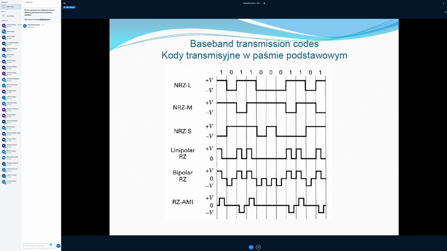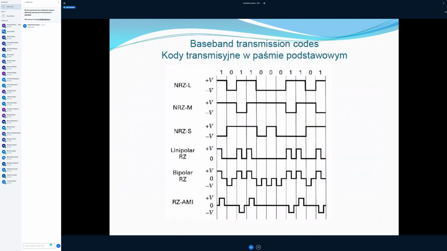Then we had so-called AMI codes, also return to 0, and you may see that every even impulse was positive, and odd impulses were negative, or vice versa. And I don't have another example here.